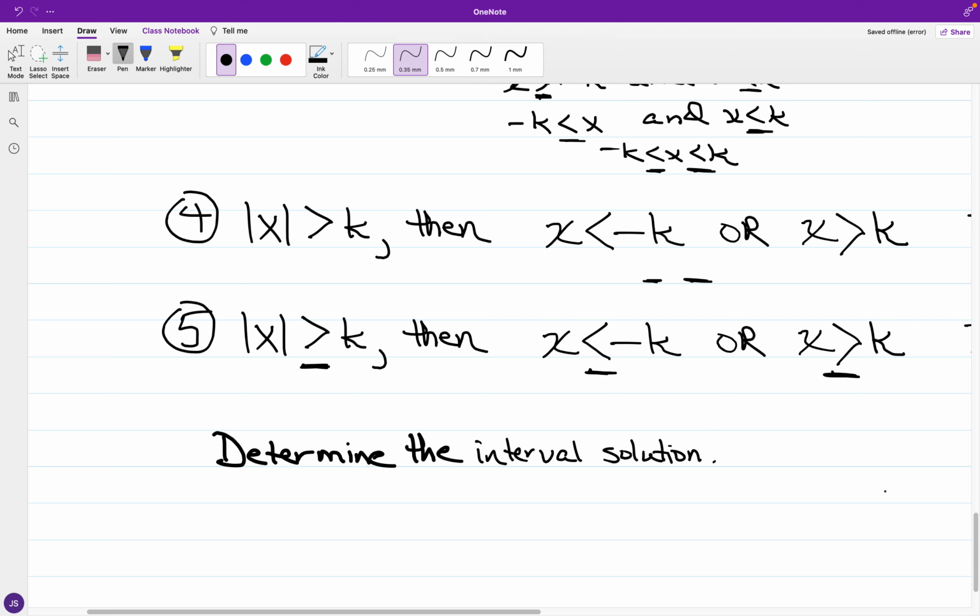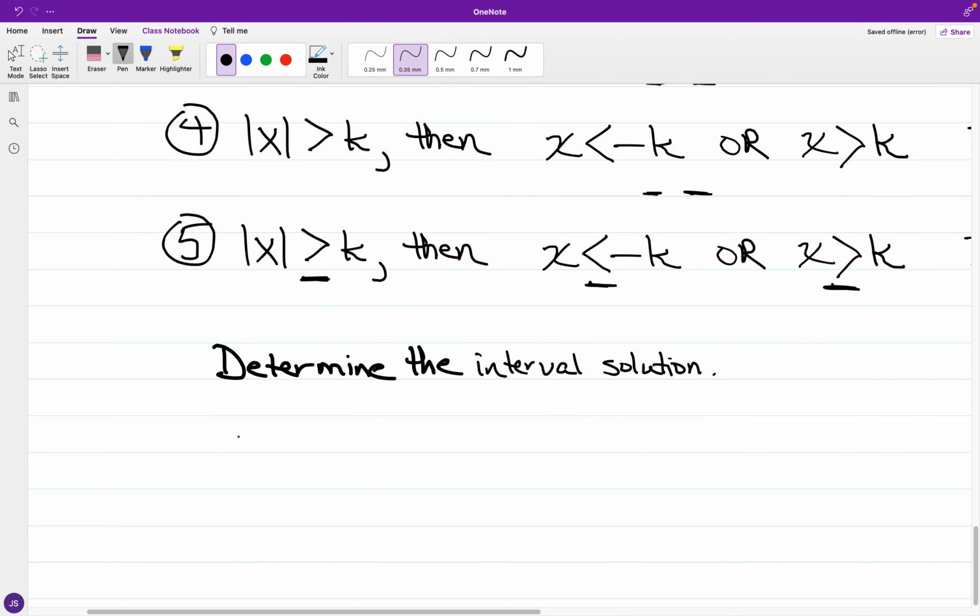Okay, and we'll start out with a couple of inequalities. We'll just say we have with the same terms. So we'll say we have the absolute value of x minus 1, first of all, less than or equal to 7.